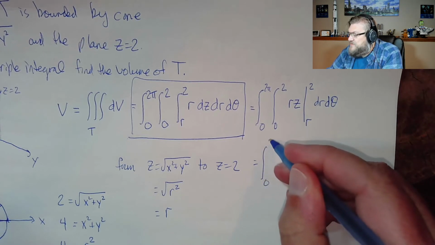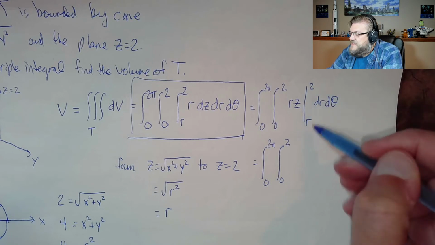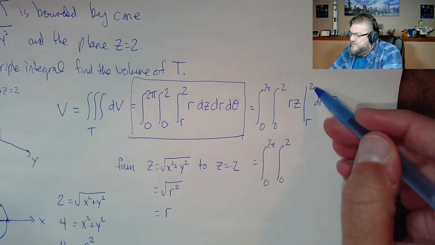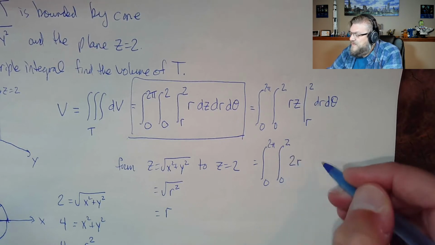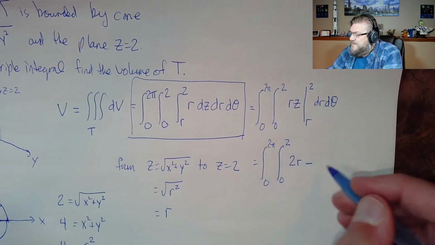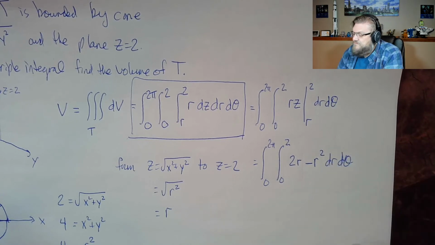That's going to be the integral from 0 to 2 pi of the integral from 0 to 2. You're plugging in these values for z. So I'm going to get 2r minus, plug in r squared, dr d theta.